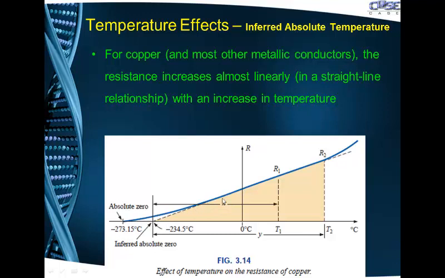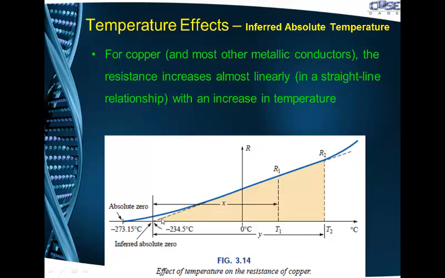This curve deviates from the straight line at the far ends of the temperature on either side. If the temperature goes very low or very high, the curve deviates from the straight line, as you can see.